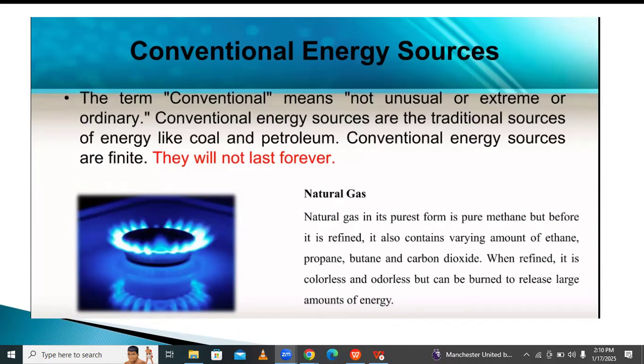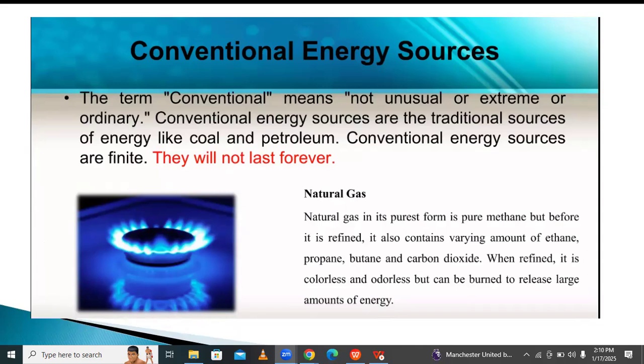Conventional energy sources are finite. They come under non-renewable sources. They can be renewed, but it takes a long time. Millions of years are required to reproduce them.